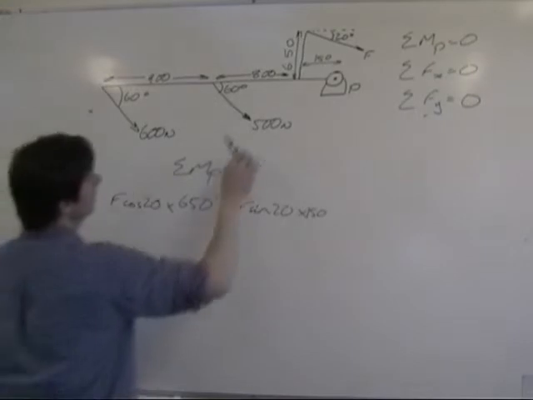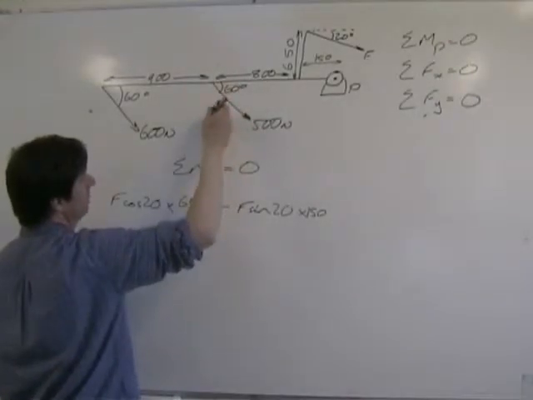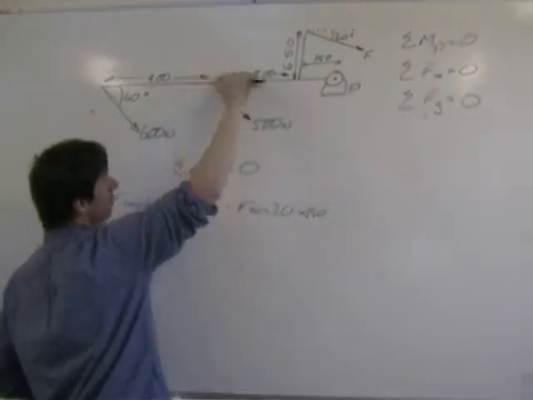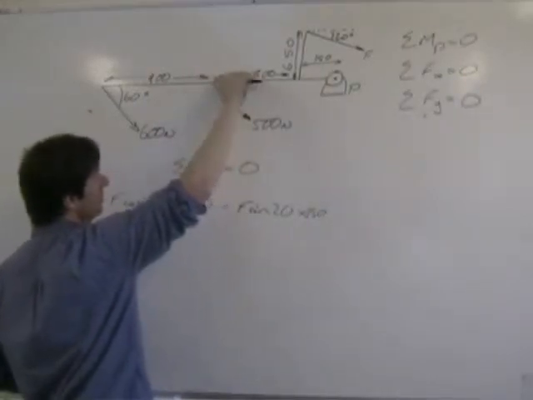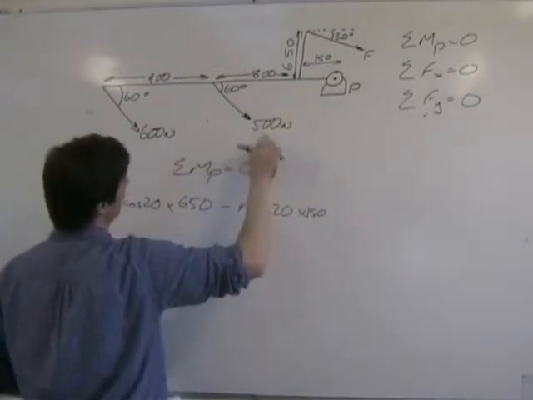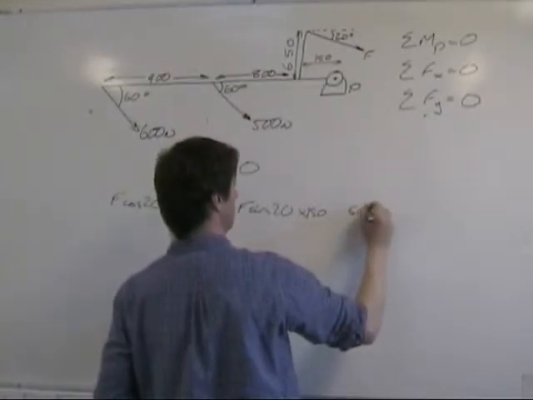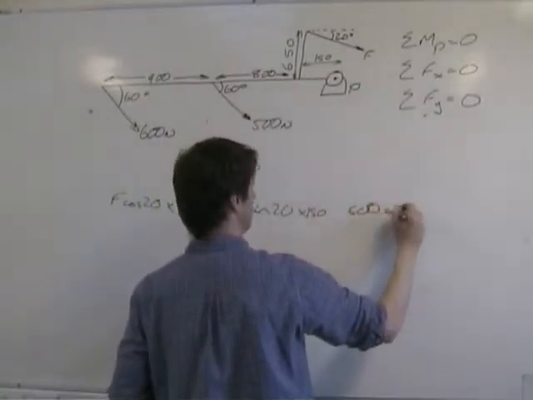Then we have this force here, it has a y component, which causes a moment. It has an x component as well. The x component is no distance, so it causes no moment about that pivot. Okay, so the y component of the 500, so that's 500 sin 60.